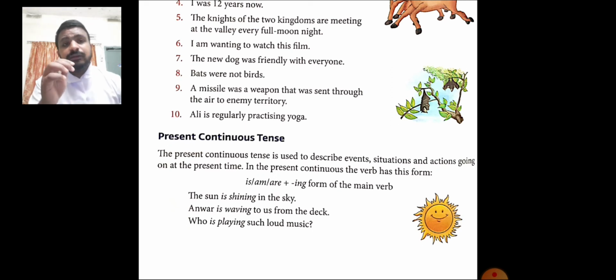And this present continuous tense, today we call it present progressive tense. So don't worry, dear friends. Don't be confused whenever someone tells you present progressive tense. Present continuous tense as well as present progressive tense are the same thing.